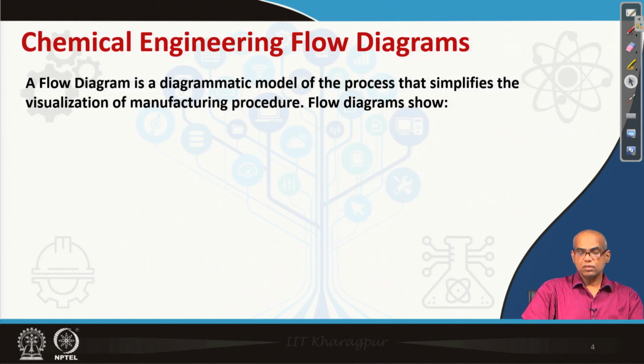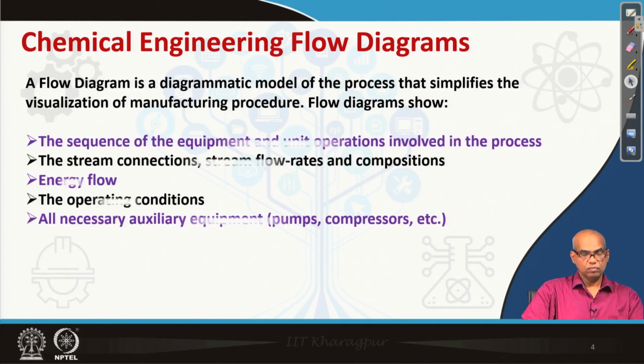Flow diagrams will show you the sequence of the equipment and unit operations involved in the process, the stream connections, stream flow rates and compositions, the energy flow in the process, the operating conditions and also all necessary auxiliary equipment such as pumps, compressors, turbines, etc.